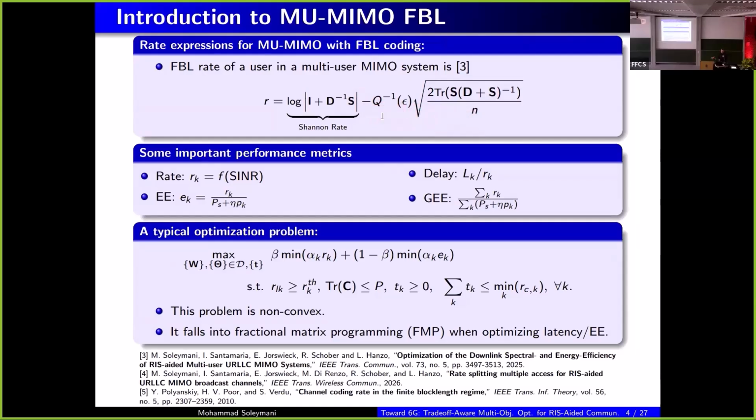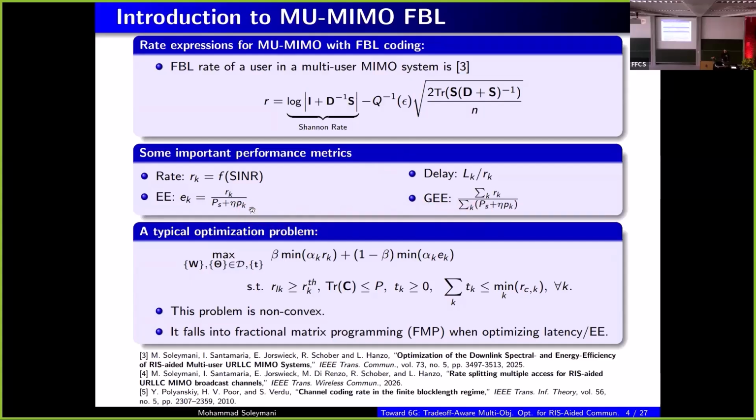So meaning that whenever we want to have a lower latency, then we cannot wait so long to have enough packets to have a large code word length, which reduces firstly the spectral efficiency, and then through this metric that you can see, it also reduces energy efficiency.